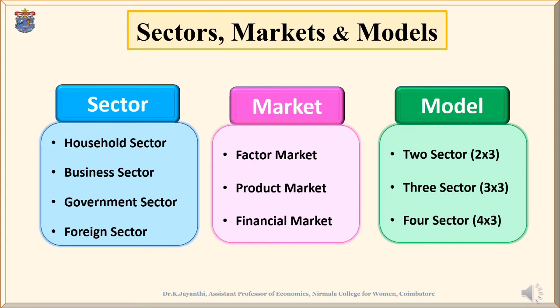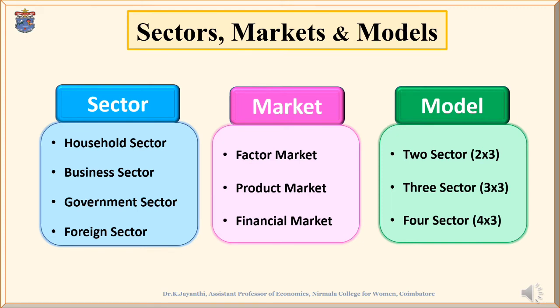Household sector. This household sector includes all the individuals in the economy. The primary function of the sector is to provide the factors of production like land, labor, capital, and enterprise. The household sector are the consumers who consume the goods and services produced by the firms and in turn make payment for the same.